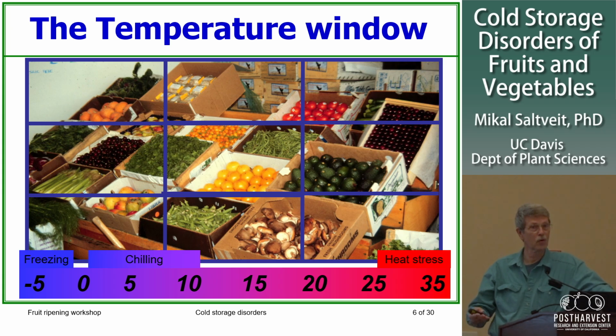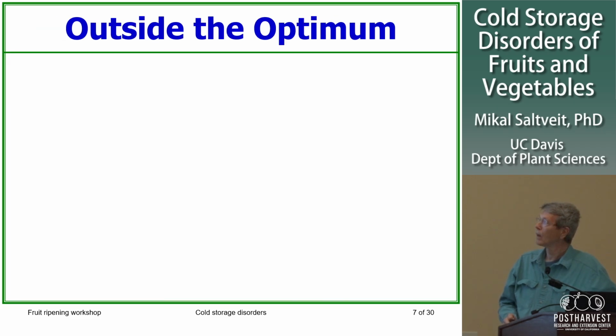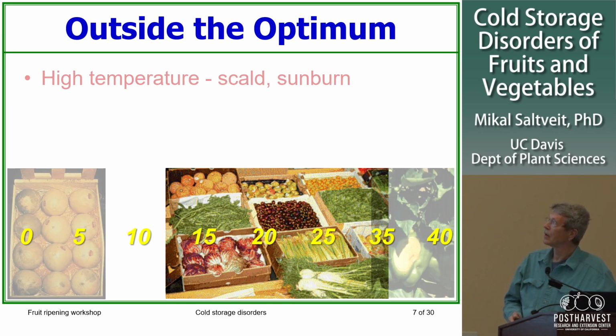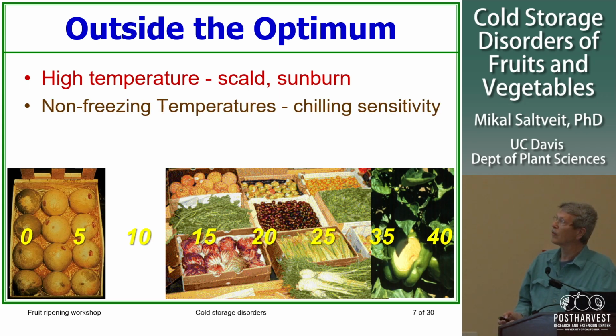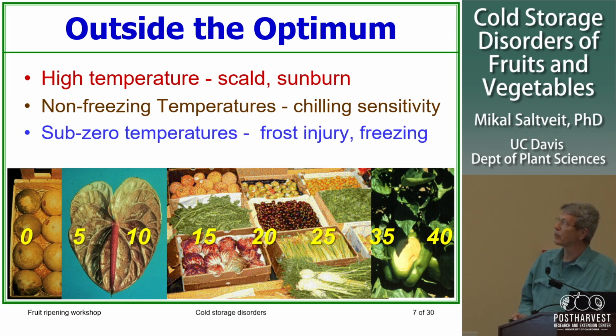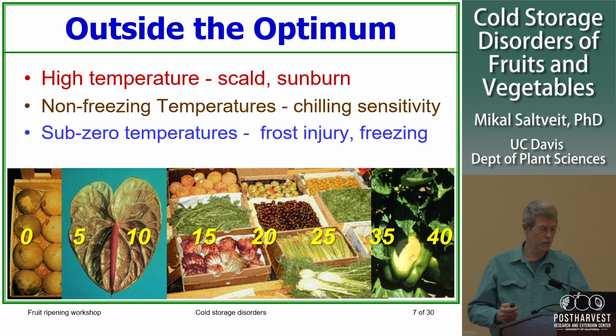Tomatoes are grown in the tropical part of the year because they're very sensitive to chilling temperatures. We have high temperature, like sun scald, but that's rarely occurring in storage disorders. We have non-freezing temperatures, which are called chilling injury, and sub-zero temperatures, which are called freezing injury.